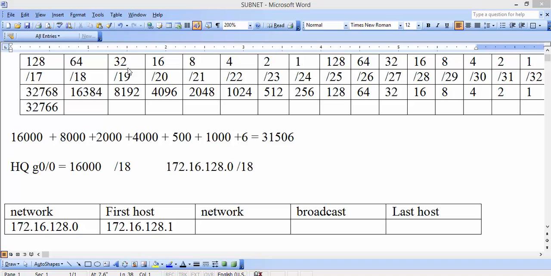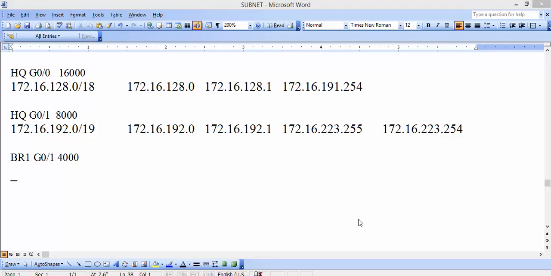When it was a /19, the network goes up by 32. So from the previous /19, when it was 192, the next network is going to be 192 plus 32, which is 224.